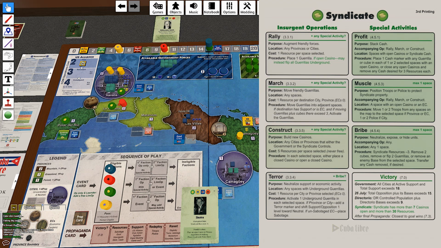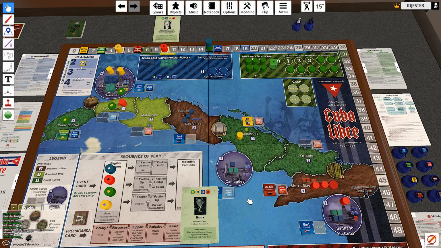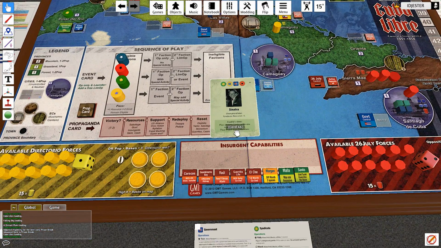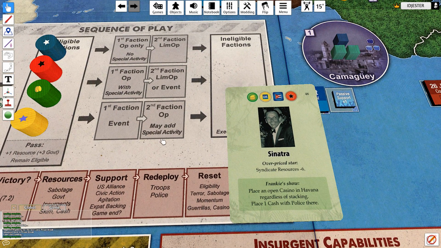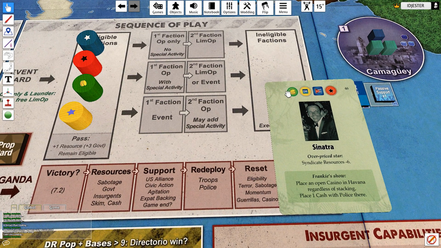The Syndicate wants to have 7 casinos open and more than 30 resources. So the fact that they can open a casino in Havana is really, really good for them. So in this case, the green player more than likely would play the event.